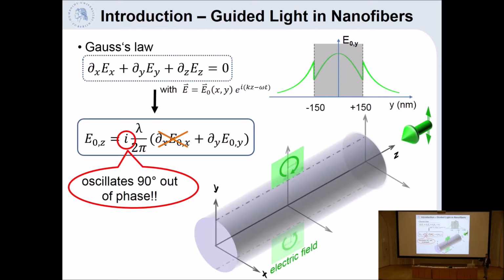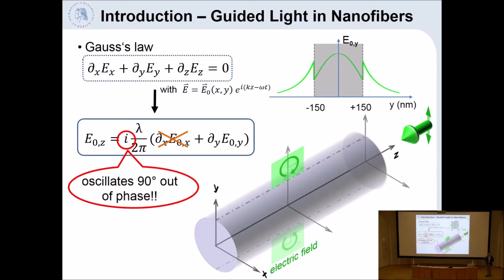But if the field gradient is significant on this length scale, which is the case for an evanescent field, then the longitudinal component can be as large as the transverse component, so that the polarization is, to a good approximation, circular above and below the waveguide.